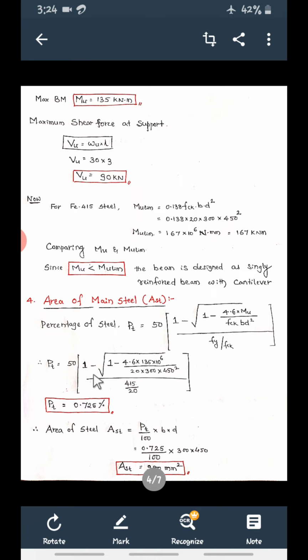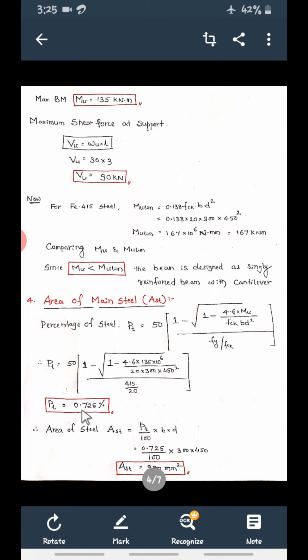So this comes out, that is PT. PT means percentage of steel. This much percentage of main steel is required, that is 0.725%. Okay, 0.725% main steel is required.